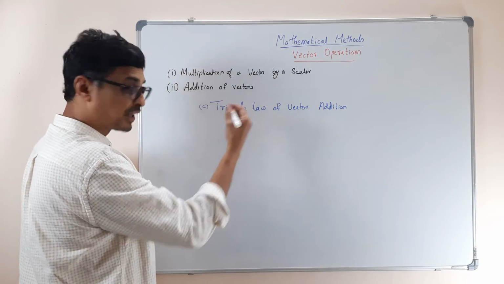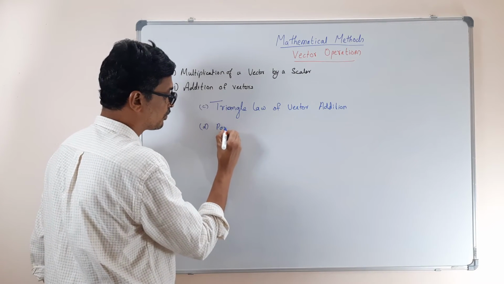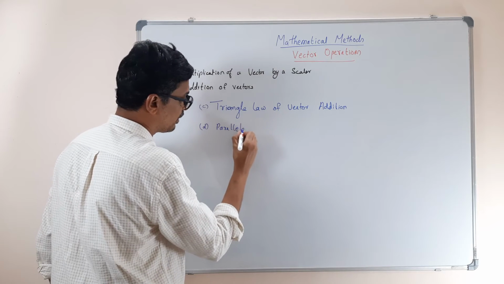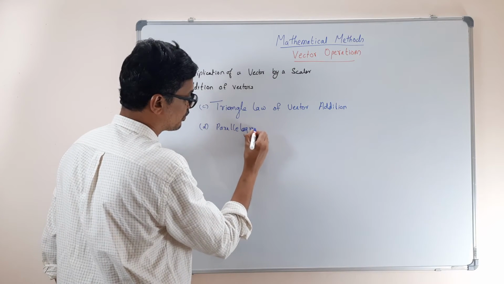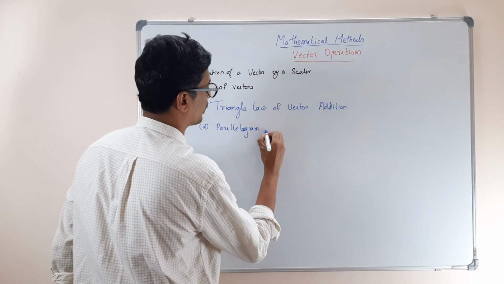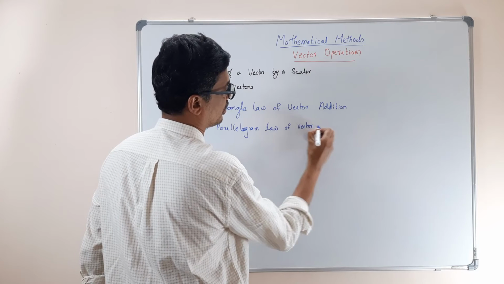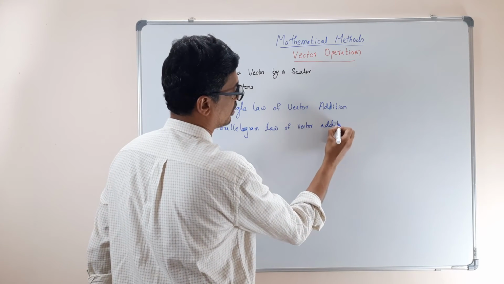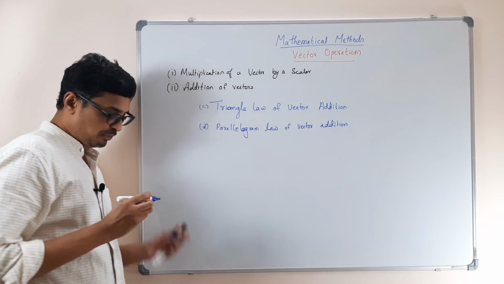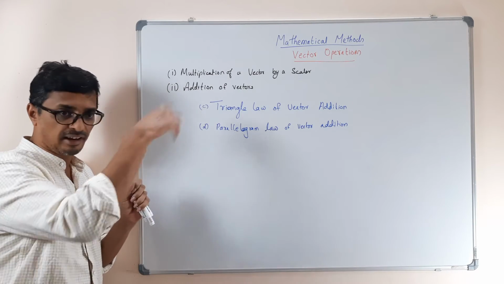Another property of vector addition is what we call the parallelogram law of vector addition. Okay, so what we saw is we took the vectors in a triangular form.